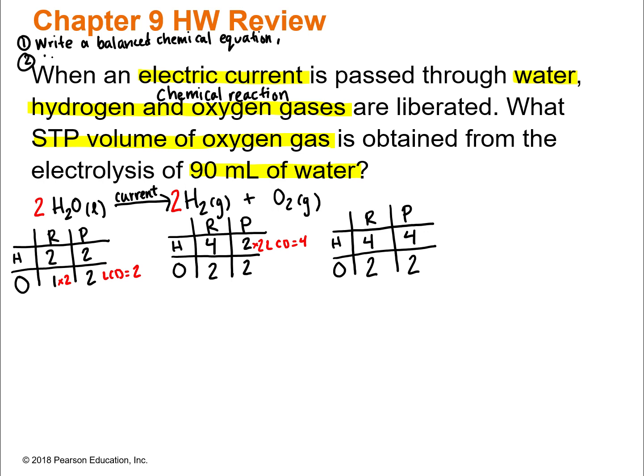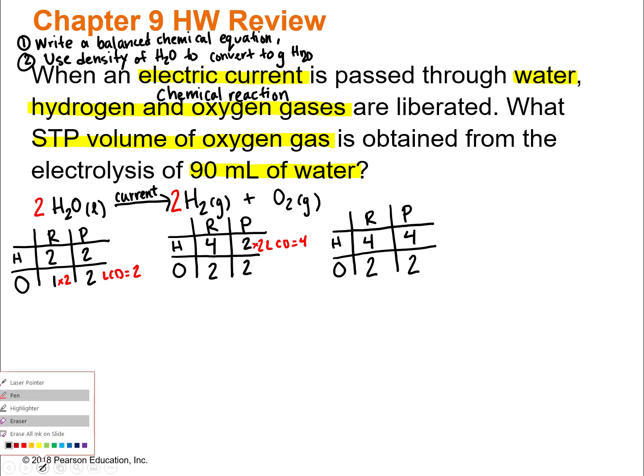We can use the density of water to figure out what the mass is of 90 milliliters. So that's the second part.